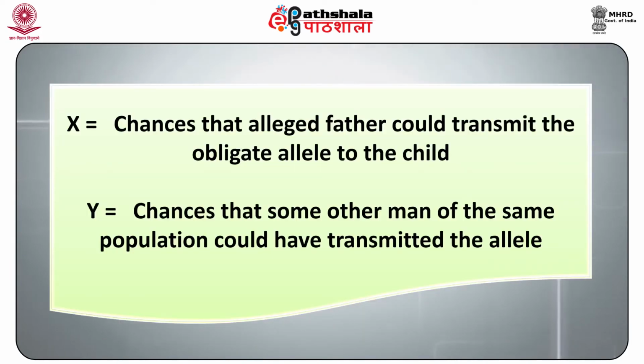Number 1, X is the chance that alleged father could transmit the obligate allele to the child, and Y is the chance that some other man of the same population could have transmitted the allele.